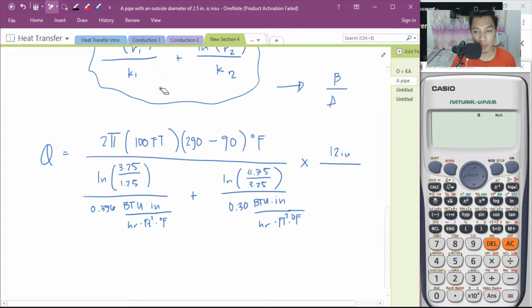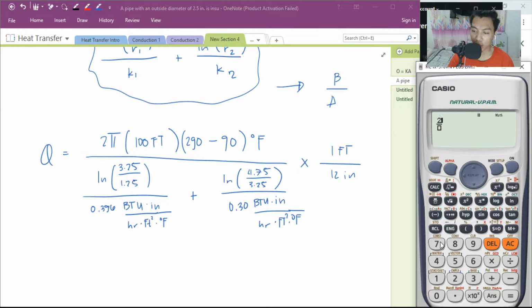So, that is 1 foot per 12 inch para makancel yung foot. Yung sa baba, okay. So, let us solve. Tingnan natin kung kakasa sa calcu. Pero alam ko kakasa sa calcu to eh.